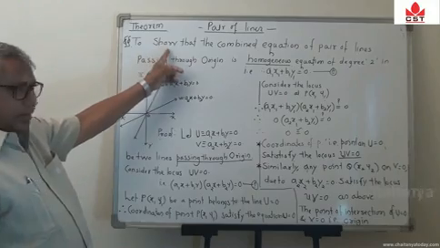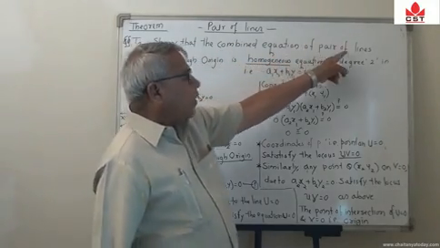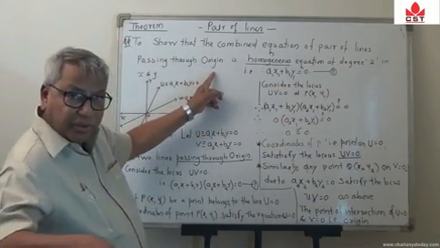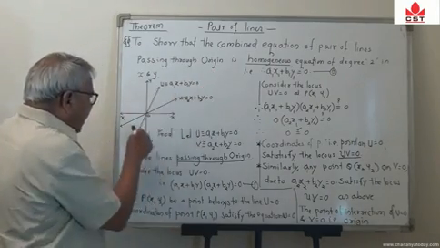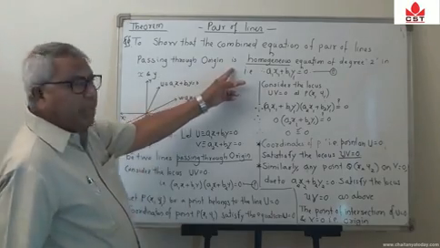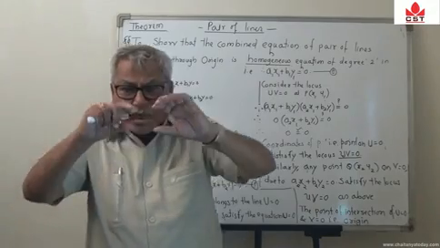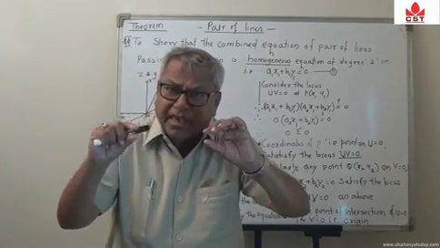To show the combined equation of a pair of lines passing through origin, I am going to consider lines which are passing through origin, that means the equation is homogeneous. Homogeneous means what? The equation in which the degree of each term is the same.